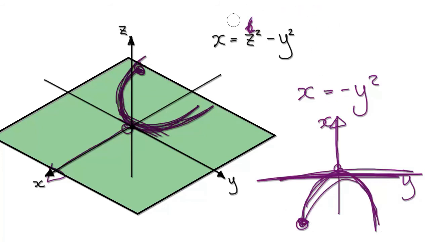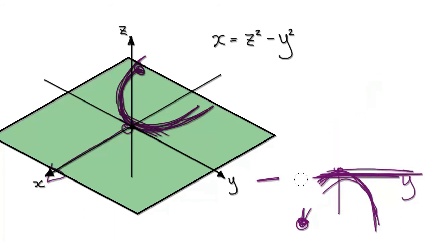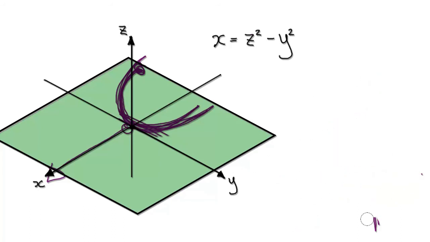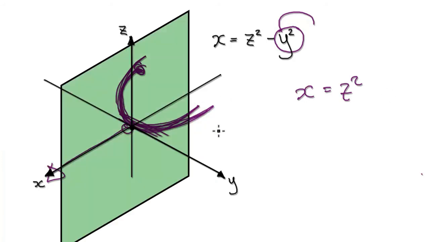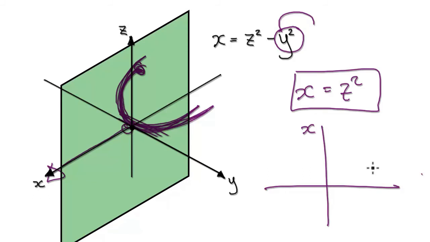Now let's go back here and now put 0 into the y. So when you put 0 into the y, this thing here will disappear. So it's going to give you this. And when you put 0 into the y, you've got to imagine a vertical sheet of paper being located at y equals 0. So on this sheet of paper, we've got to try and sketch this. So imagine this in your mind, x versus z graph, and it's going to give you a positive quadratic.